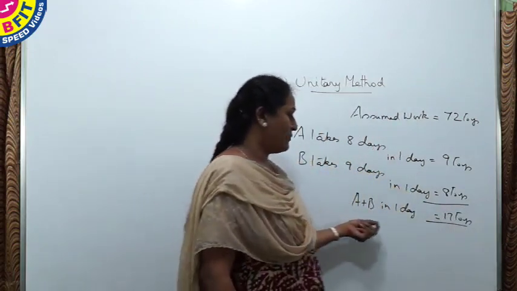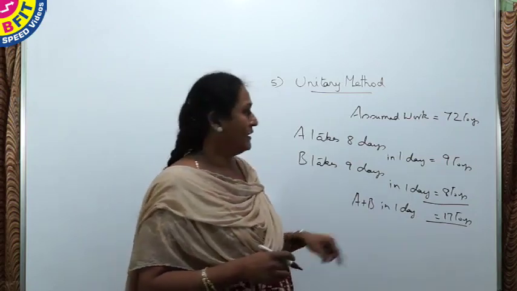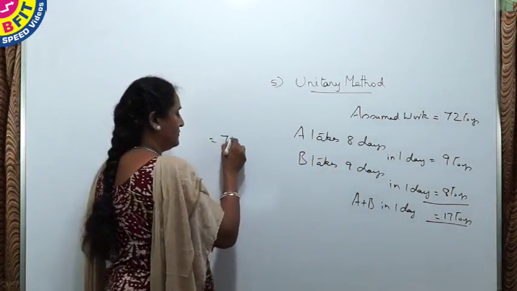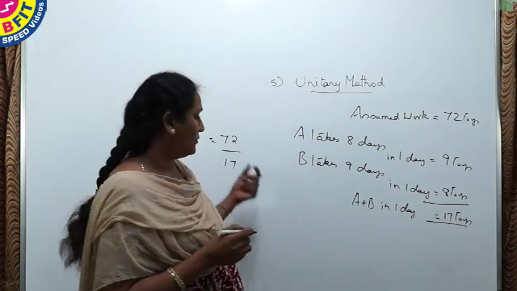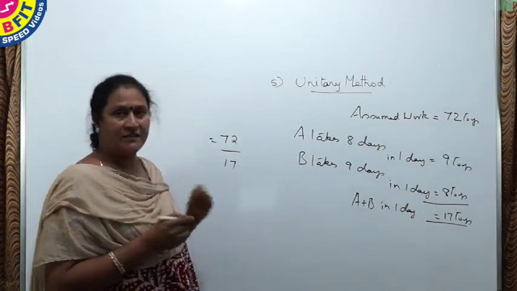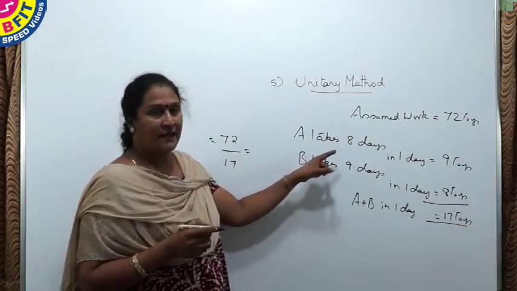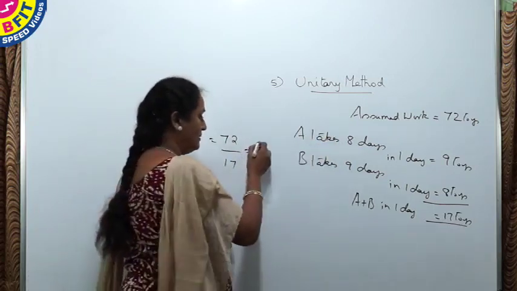So if they can make 17 toys per day, time taken by both working together to make 72 toys is 72 by 17. So now when you look at here, time taken by A and B is 72 by 17. So this 72 can also be got by multiplying time taken by A and B, that is 8 into 9.